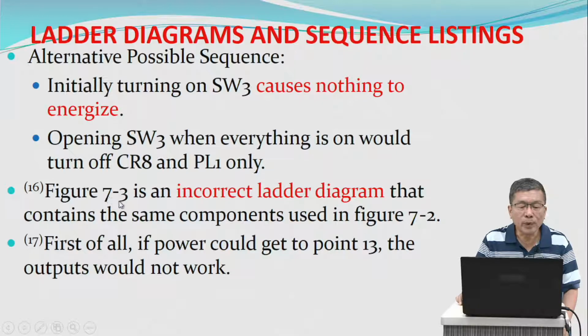Figure 7.3 is an incorrect ladder diagram that contains the same components used in figure 7.2. First of all, if power could get to point 13, the outputs would not work.